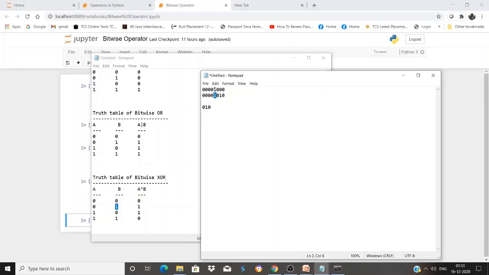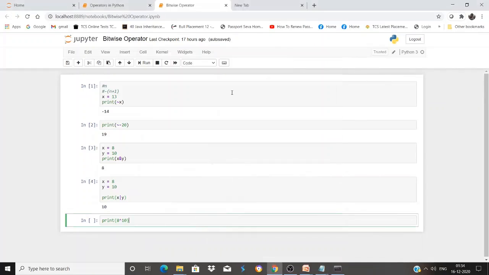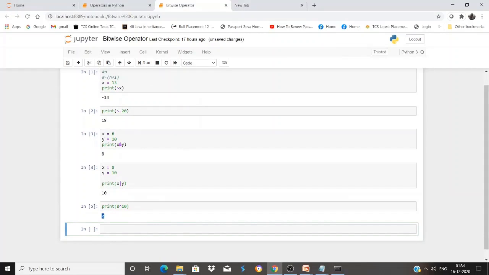For the fourth bit, we again have the same bits, so the output will again be 0. And for all the rest of the bits, the output bit will be 0. So this is the binary output of the bitwise XOR operator when applied on 8 and 10. Now if we convert this binary to decimal, we get 2. So the output of the bitwise XOR operation should be 2. Let's check that, and we get 2 as expected.